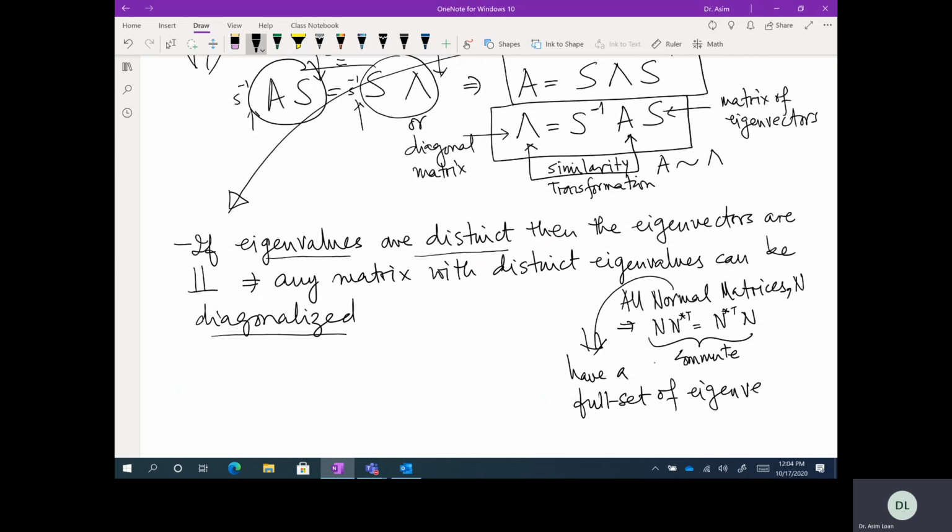Whenever you have a full set of eigenvectors, this implies the matrix is diagonalizable.